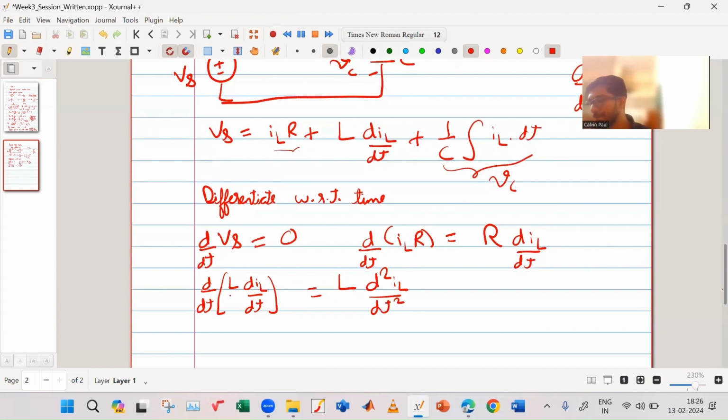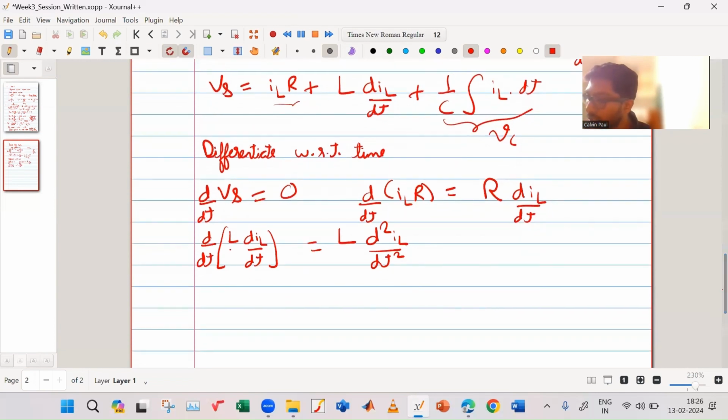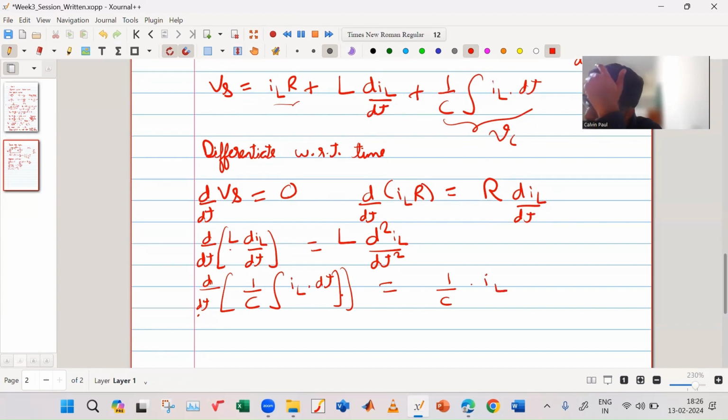Now I also have to do d by dt of 1 by C integration of IL into dt. The derivative and the integration cancel each other, so effectively I will get 1 by C into IL.